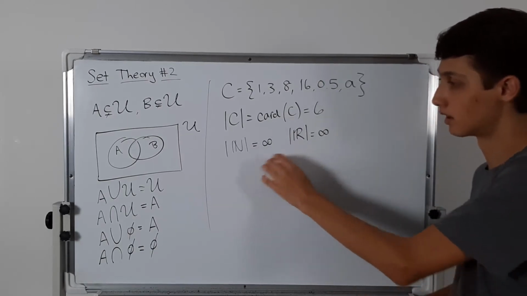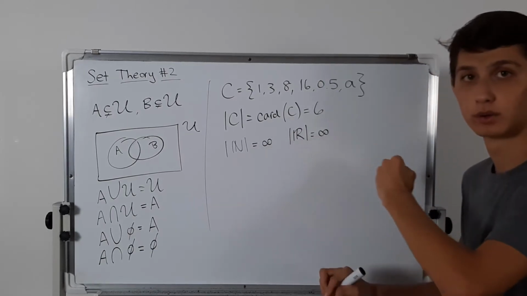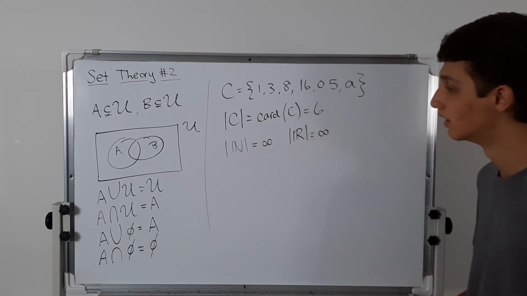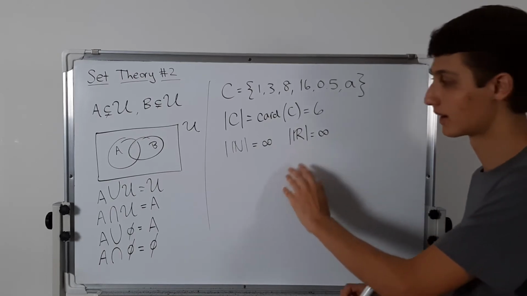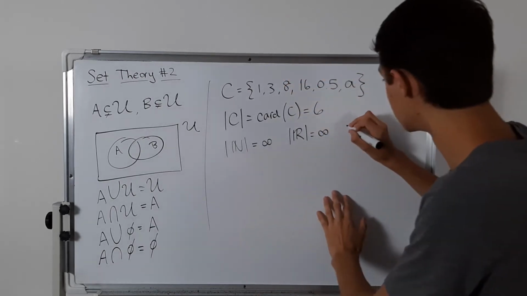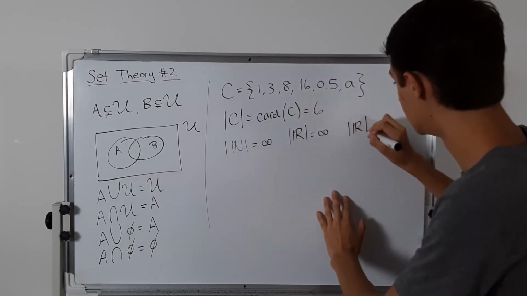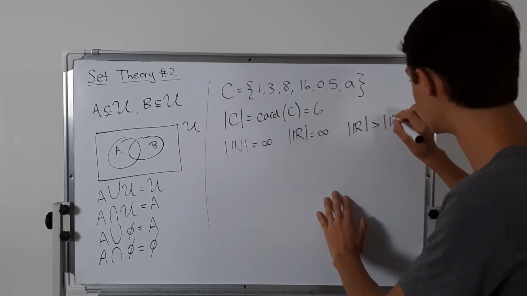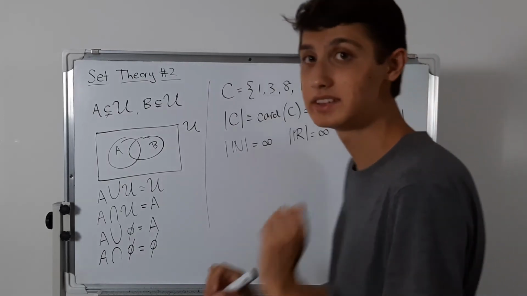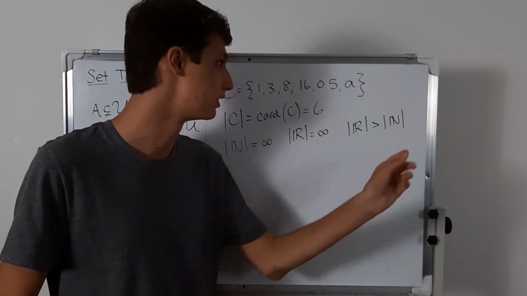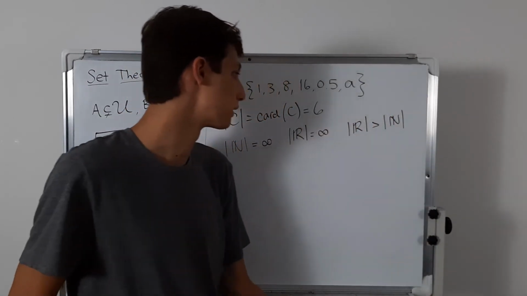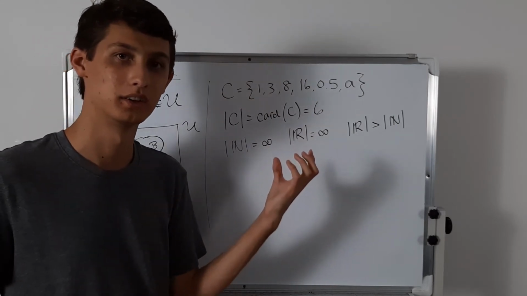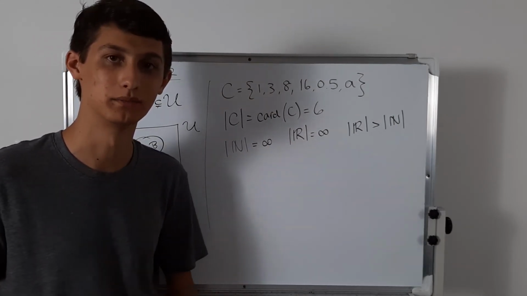The real numbers is all of that, but also everything in between. So the size of the real numbers is definitely bigger than the size of the natural numbers. There's definitely a lot more elements in the real numbers. But they're both infinity. So what does this mean?